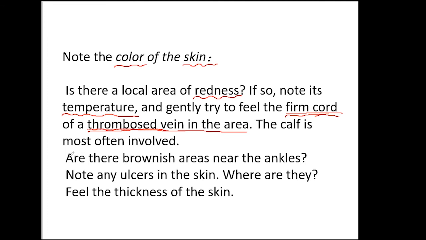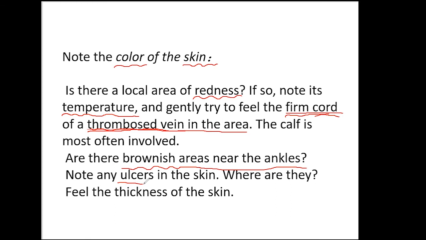So from the color, from the temperature, or maybe we can feel some hardness of the vein, then we know there is a local blood circulation disorder. And also sometimes we can find some brownish color, usually around the ankle. Still poor blood circulation in that area.